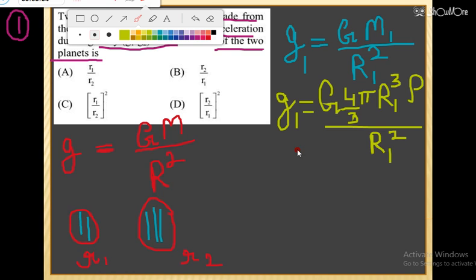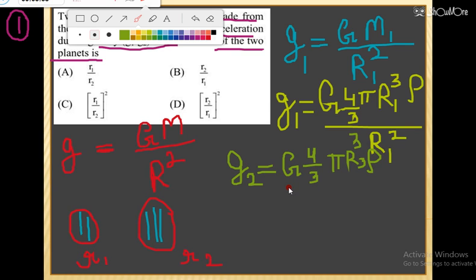In a similar way, I can find the relation for g2 also. g2 will be equal to G into, in the same way, 4 by 3 pi R2 cube into density rho.